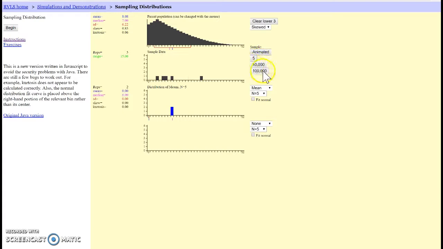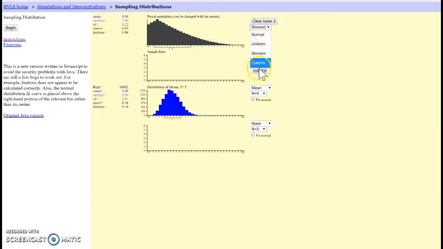Let's do this 10,000 times. I do that, and notice that what I get looks very normal. Not exactly normal, since it looks a little skewed over here, but somewhat normal. Also take note, the means are basically the same, and the standard deviation is still a little less.